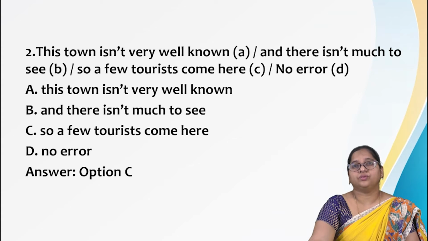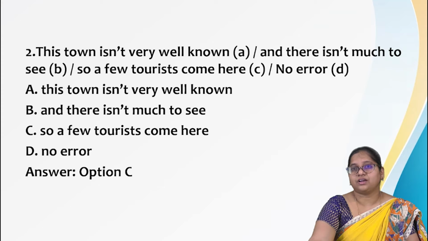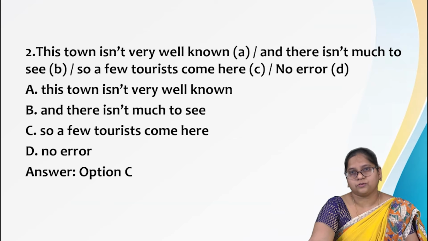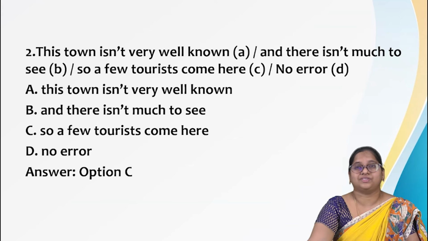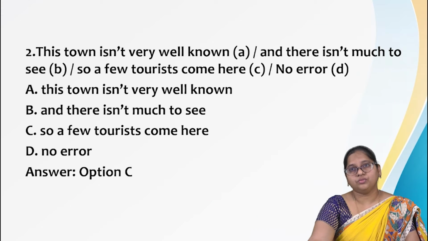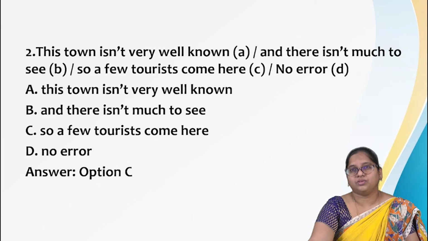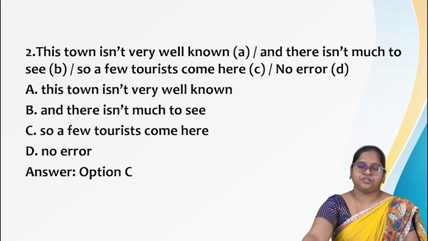When you say it's not famous and not very popular, you say very few tourists visit that place. "A few" means at least some of them are there, and when you say "very few", it means less than the sufficient number.